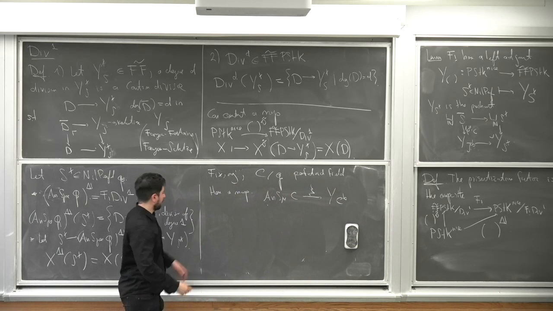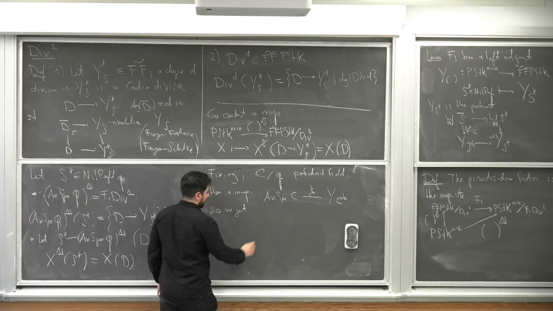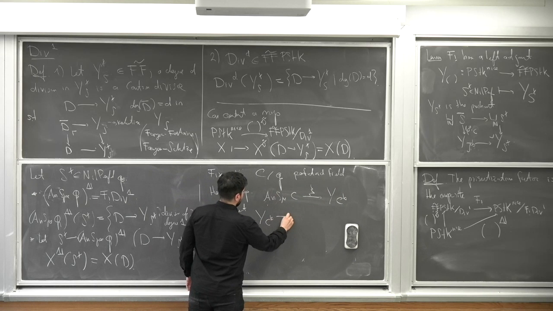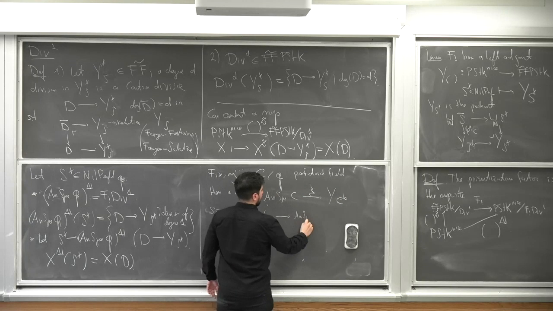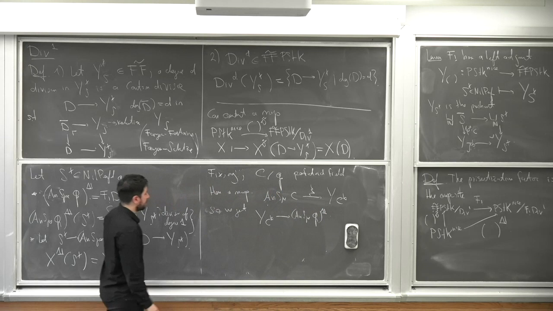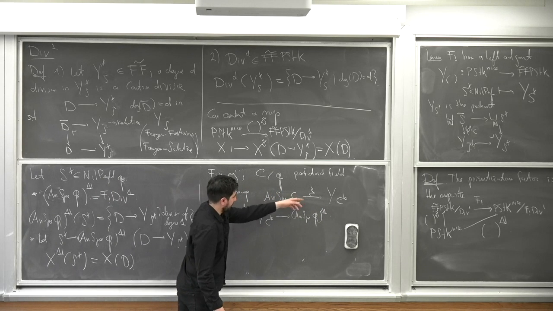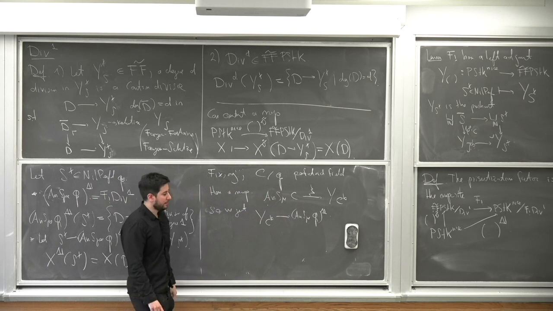We can just take a map from this calculus. Basically, on one opposite here, you give by this divisor, and this one is naturally this.